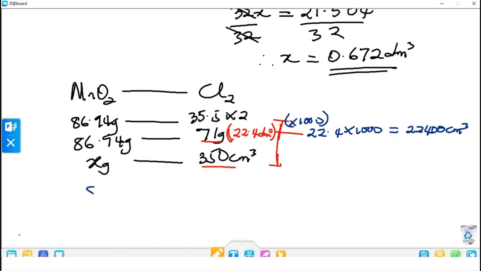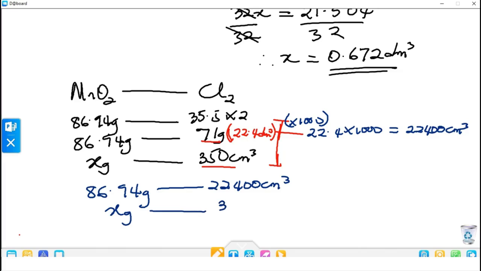So what this simply means is this. From the equation, 86.94 grams of MnO2 produces 22,400 cm³ of chlorine. Now the question comes, what mass of MnO2 will give us 350 cm³ of chlorine? That is the question.